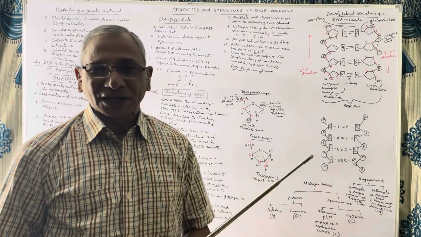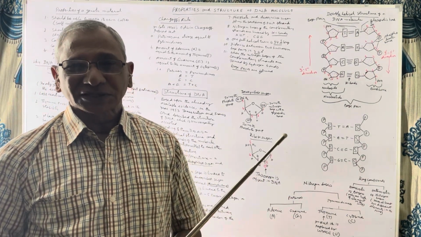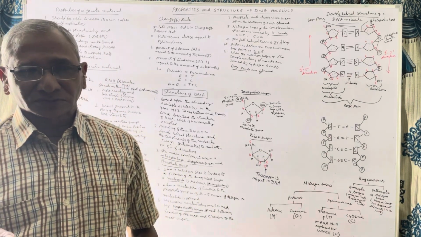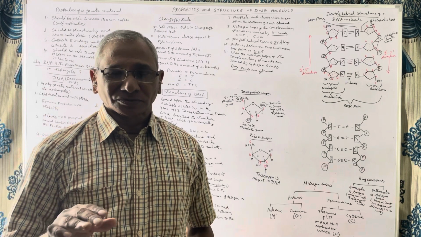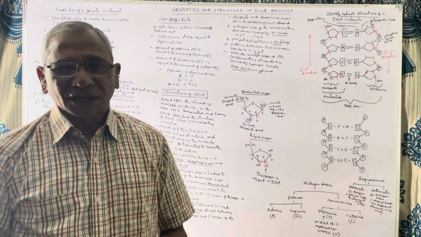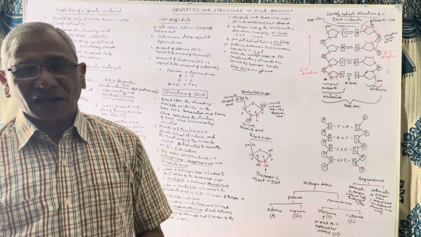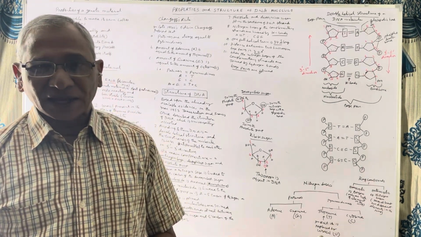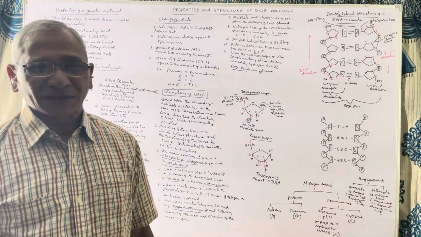One is RNA and the other one is DNA. In all the eukaryotes, without any exception, the genetic material is DNA. In plant viruses and in retroviruses, we come across RNA as the genetic material.